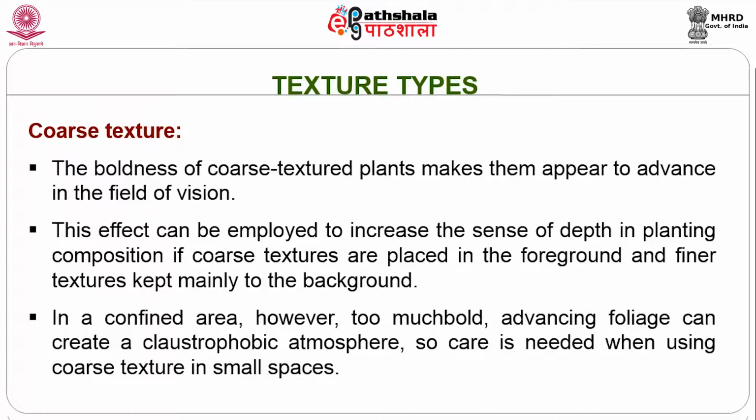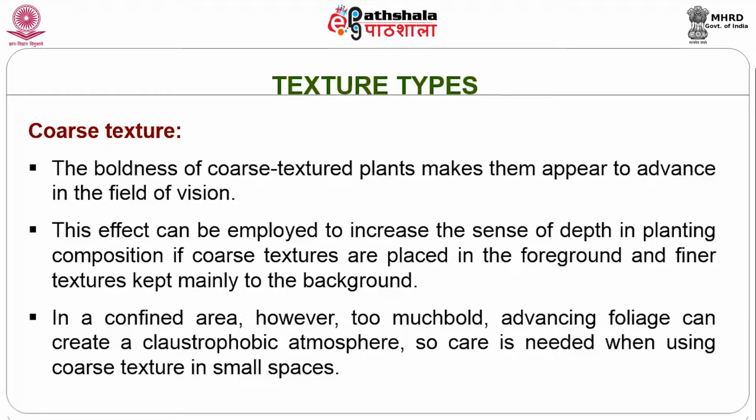In a confined area, however, too much bold advancing foliage can cause a very claustrophobic atmosphere. So, care is needed when using coarse texture in small spaces. As we saw in earlier situations, when using erect forms or ascending forms or diagonal forms, a certain amount of restraint is important, because they have very strong characters of having high potential energy.